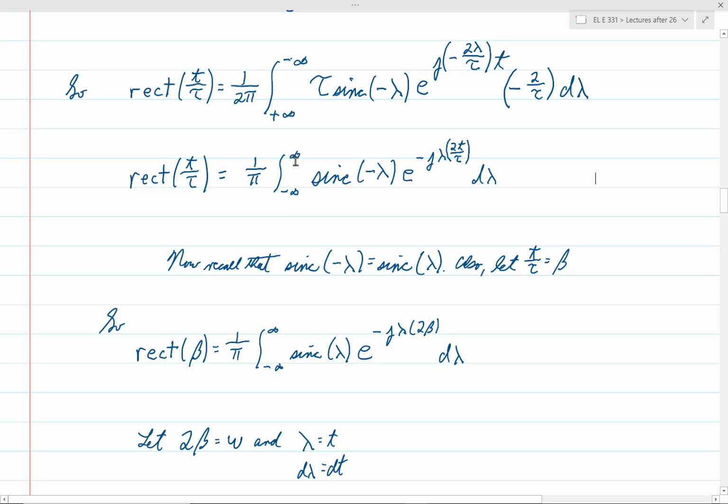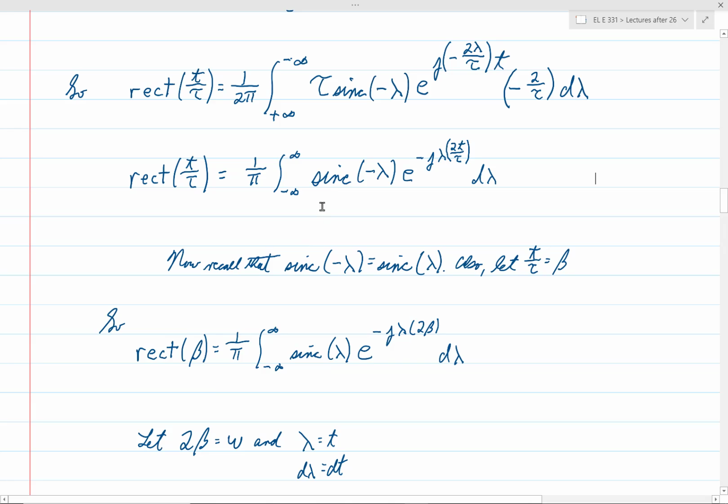How has that happened? Because instead of positive infinity on the bottom and negative infinity on the top, now we have negative infinity on the bottom and positive infinity on the top. Well, notice that this negative sign that I had right here is gone, and I've used that negative sign to flip the limits on the integral.